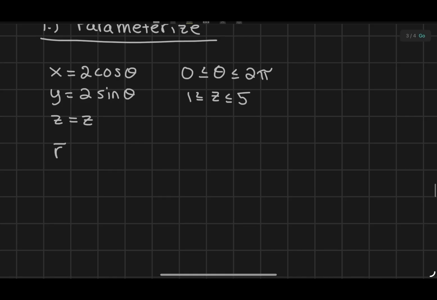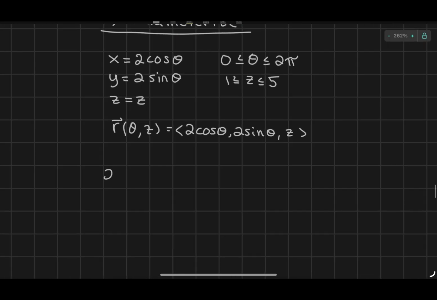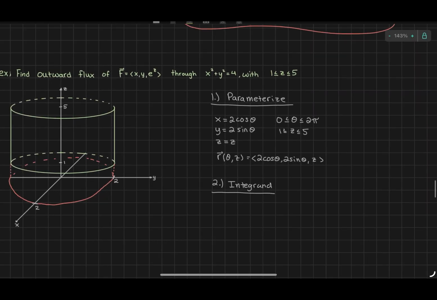Let's just go ahead and write it down though. R of theta, z is going to equal 2 cosine theta, 2 sine theta, z. Moving on to our second step here, our integrand. Well, what was our vector field given to us? Our vector field was x, y, e to the z.